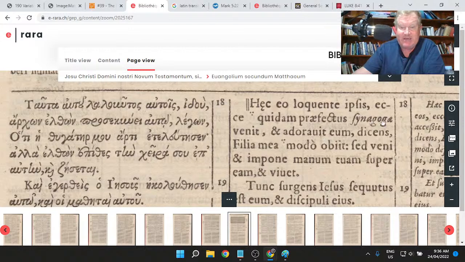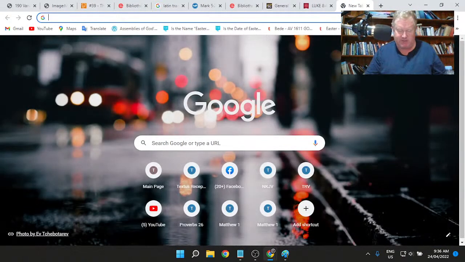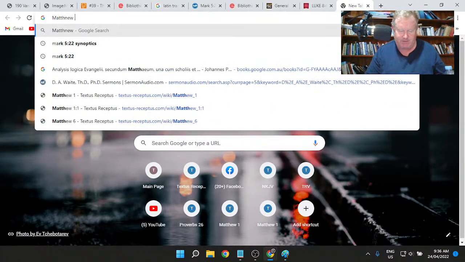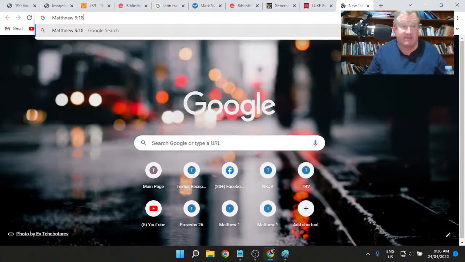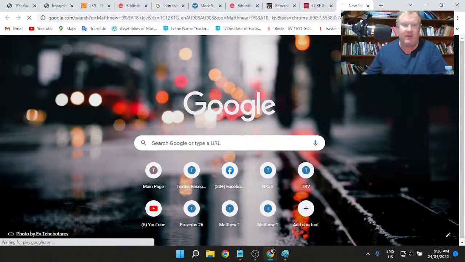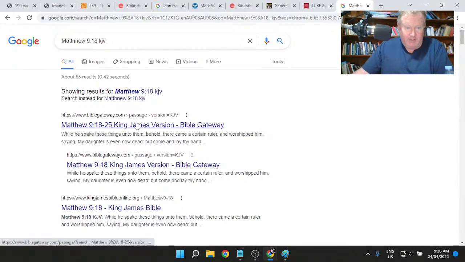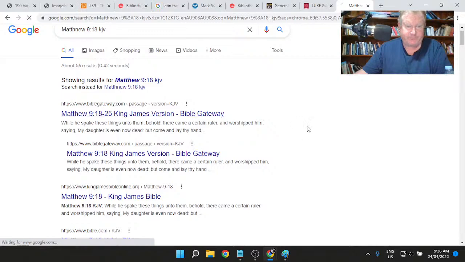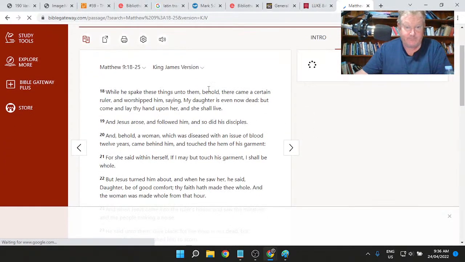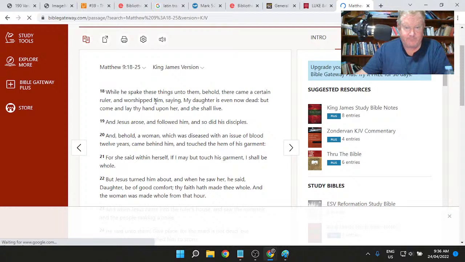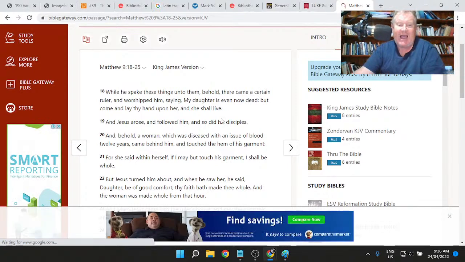Now notice he has synagogue in italics there. I'm just going to check and see if that is in italics in Matthew 9:18, KJV. So he's actually added, "behold, there came a certain ruler from the synagogue and worshipped him."